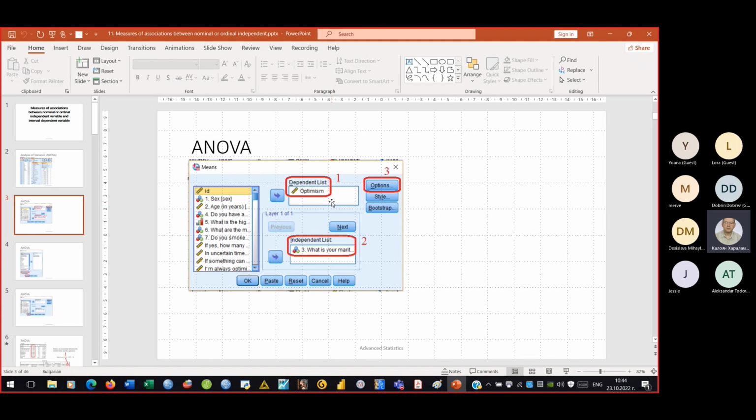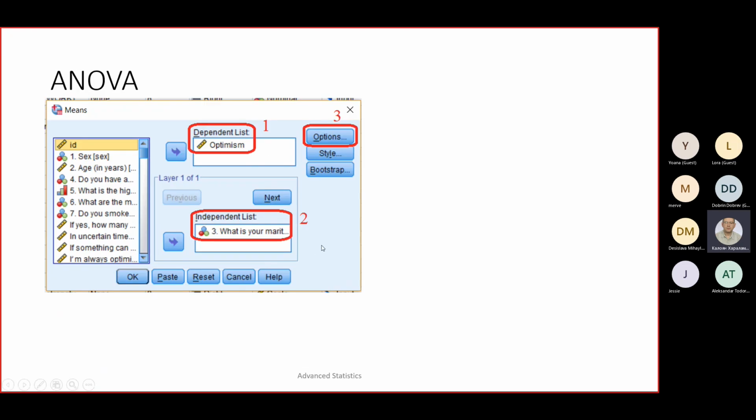And again, the independent variable will be Marital status. So this is the same relation, but in the first case, we measure optimism as ordinal variable in three categories: below the norm, in the norm, and above the norm. And in the second case, we measure optimism as interval variable with raw scores.